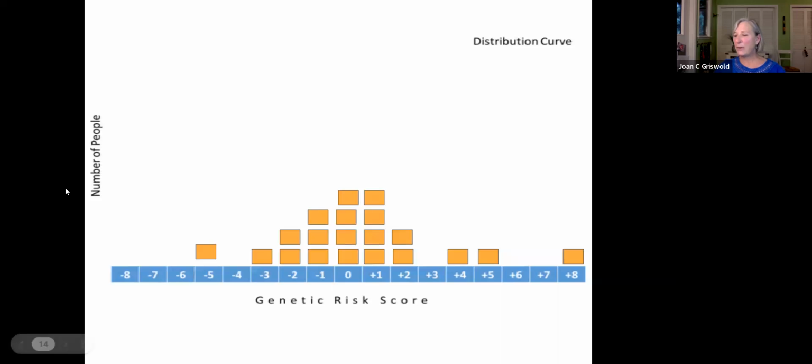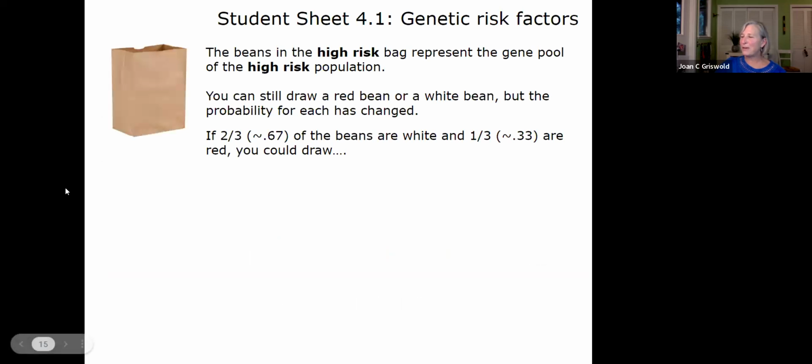Now, it doesn't just stop there, because if you're in the classroom, it's really nice to have a bag or two made of a high-risk population and a low-risk population, where the allele frequencies are not 50-50, but you might throw in 2/3 of a cup of one and then 1/3 of the other.